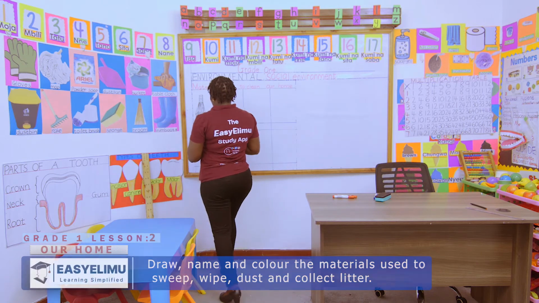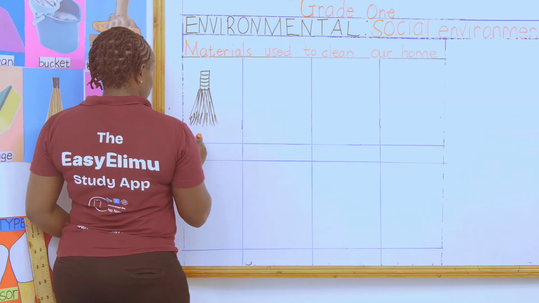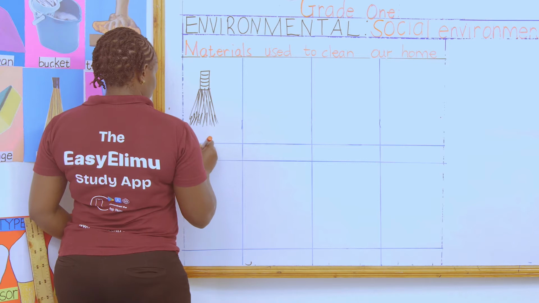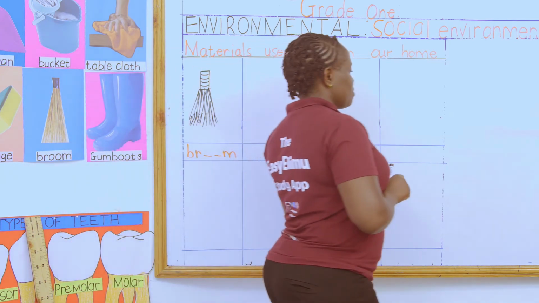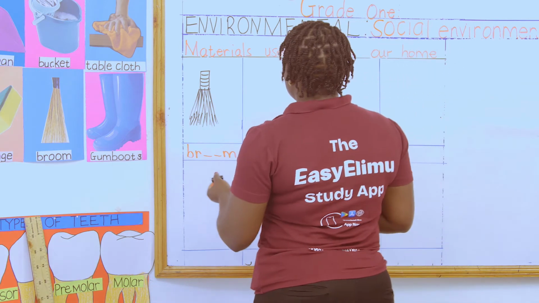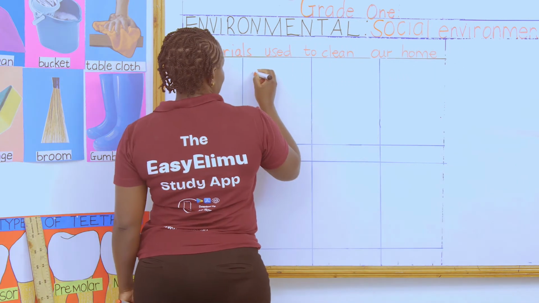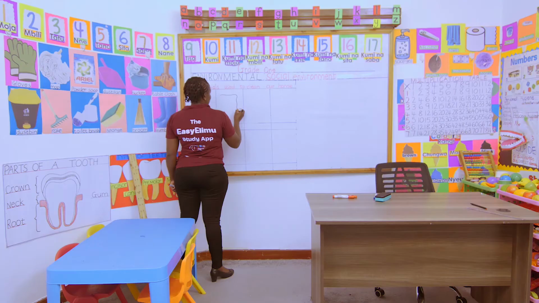And which one is my first material used for cleaning our home environment? How do we call it? Broom. Nice. Then we have said we need something like this.